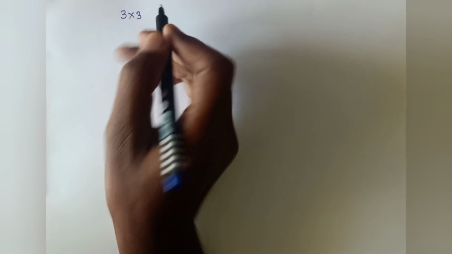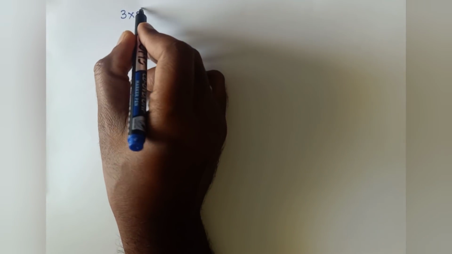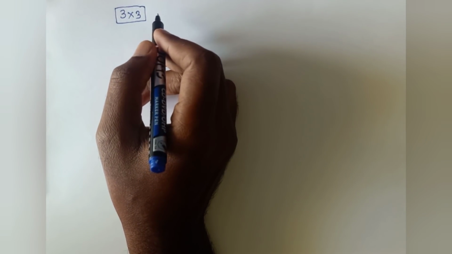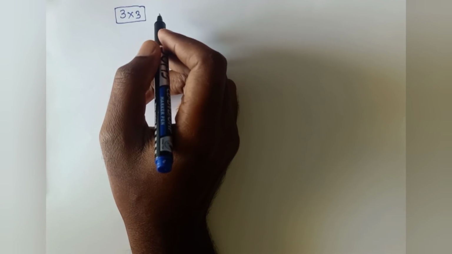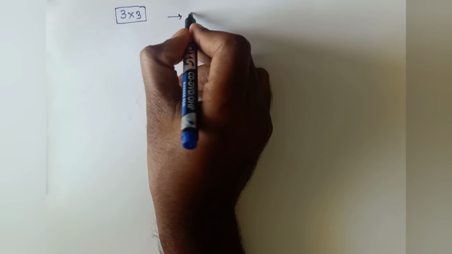In this section we need to define the determinant for a 3 by 3 matrix. Just now we have seen the determinant of a 2 by 2 matrix. So we need to study the properties of 3 by 3 determinants also. Before going to learn about the determinant of a 3 by 3 matrix, we need to know two terms.